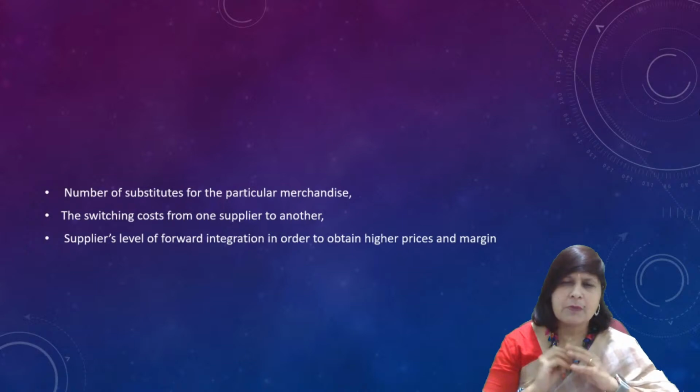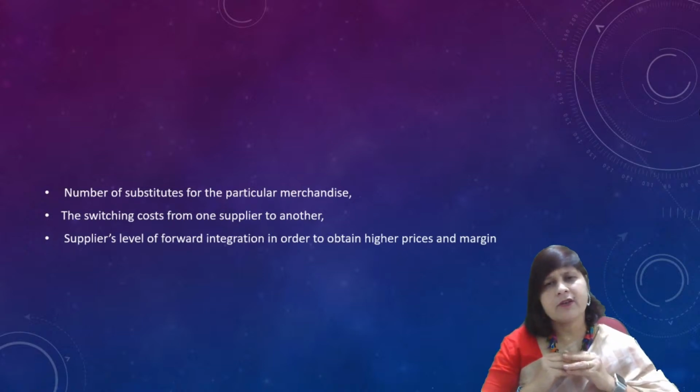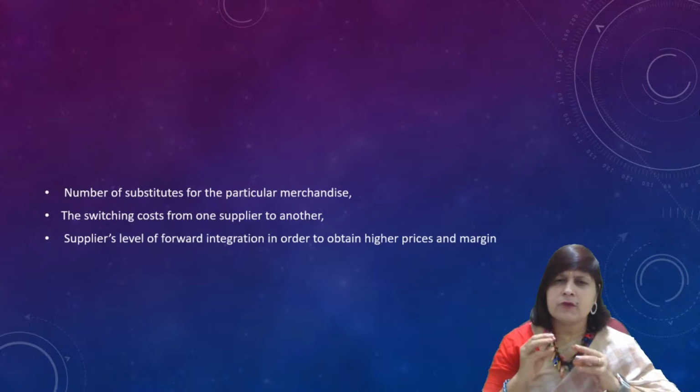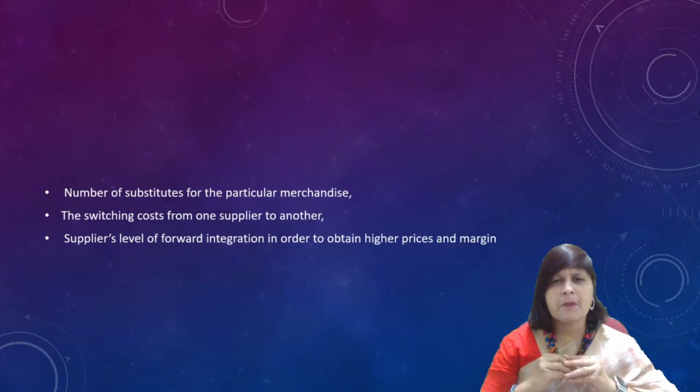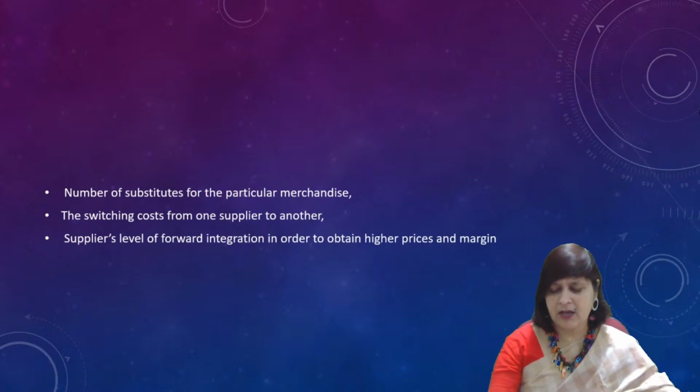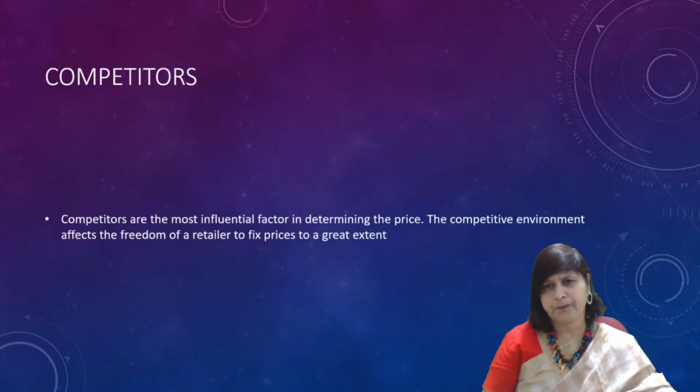If there are many suppliers supplying a similar type of product, then people can switch from one supplier to another. What is the switching cost? If the switching cost is less, then it impacts the strategic decision. Then there is the suppliers' level of forward integration in order to obtain higher prices and margins.